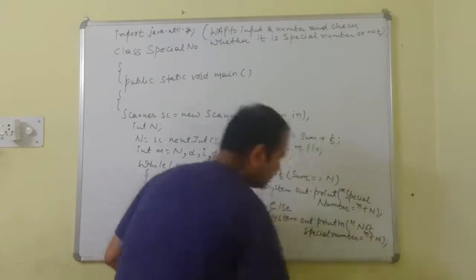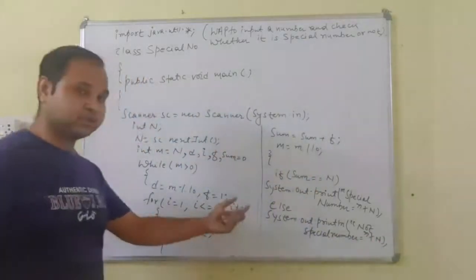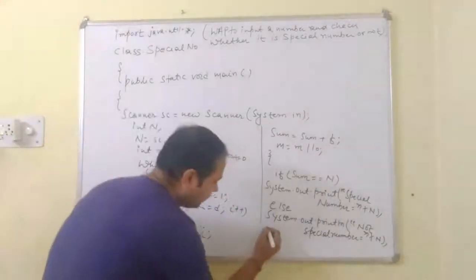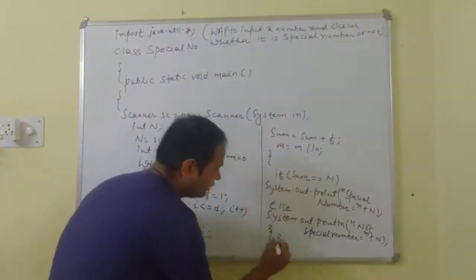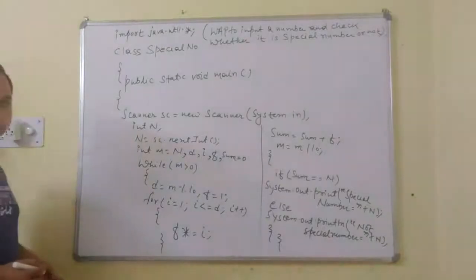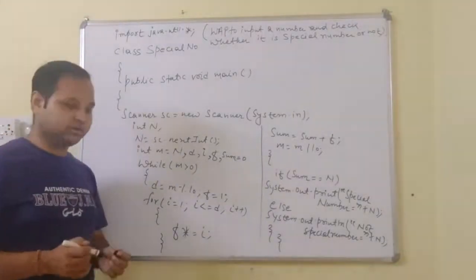So if it is not a special number, then also it will print that number along with the message not special number. Then I will close the main method and the class. So this is basically the program which executes for a special number.